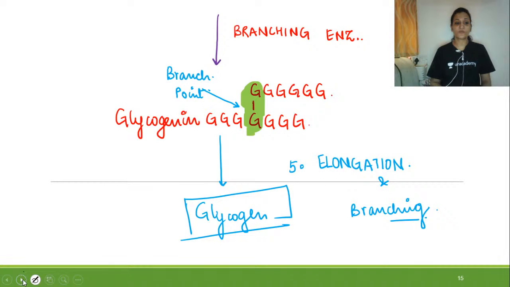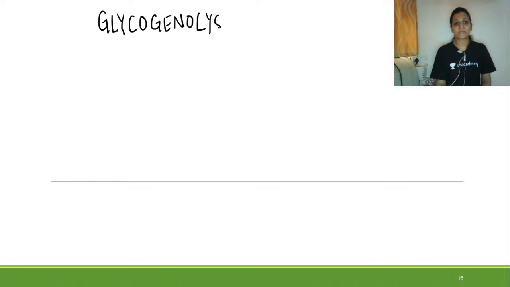So let us move further and talk about glycogenolysis. That is the next step in metabolism. Glycogenolysis is the breakdown of glycogen molecules, the formation of glucose from glycogen.